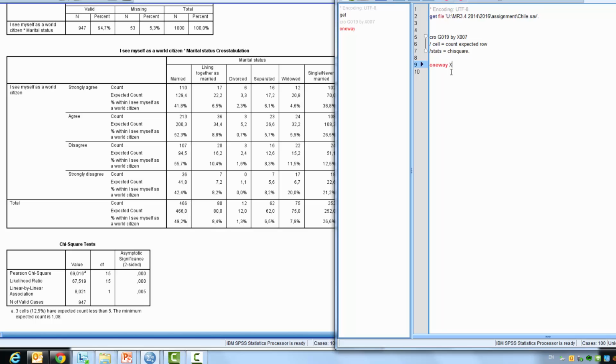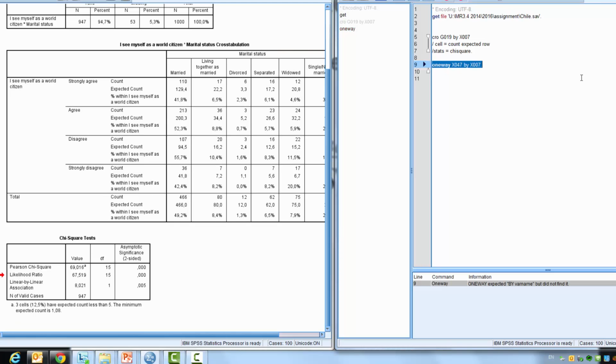And we test the income by the marital status, which would be recognized by SPSS as a group variable.